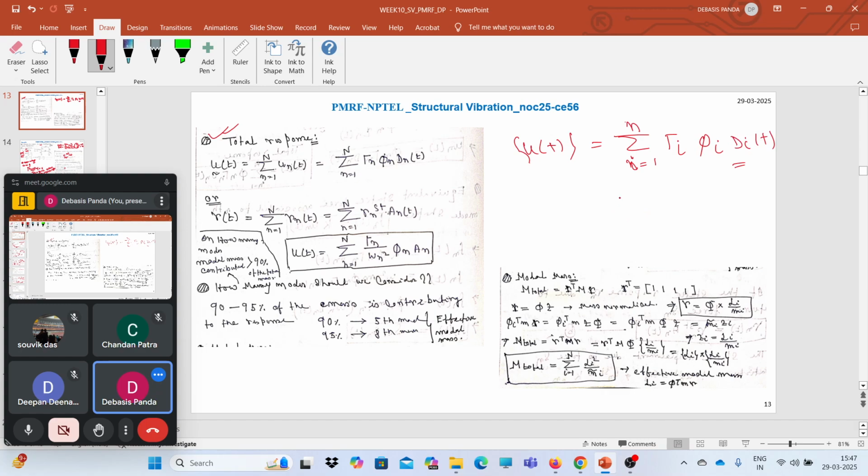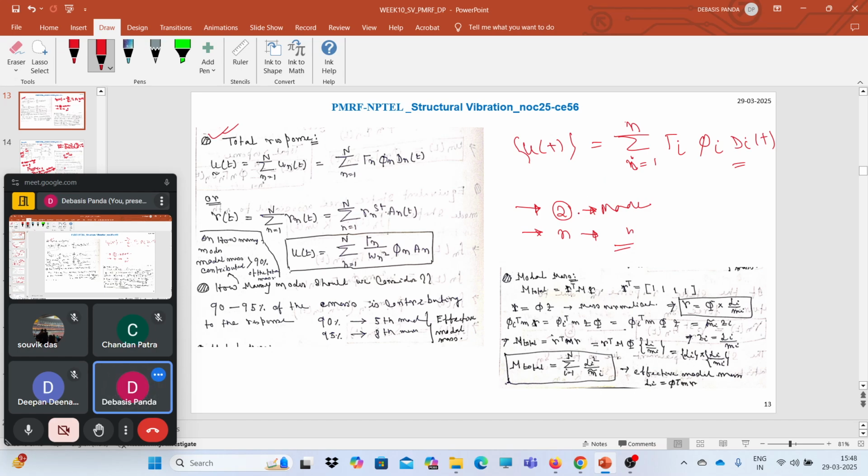For this example we have seen we have only two modes. In an MDOF system we can have n number of modes. Now the thing is, how many modes should we consider for our calculation, so that the calculation will be accurate?